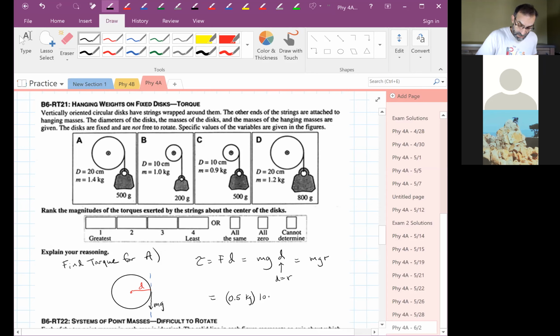G, I'll just use 10. And the distance is 10 centimeters, which is 0.1 meters, right? So half a Newton meter. We all on the same page?